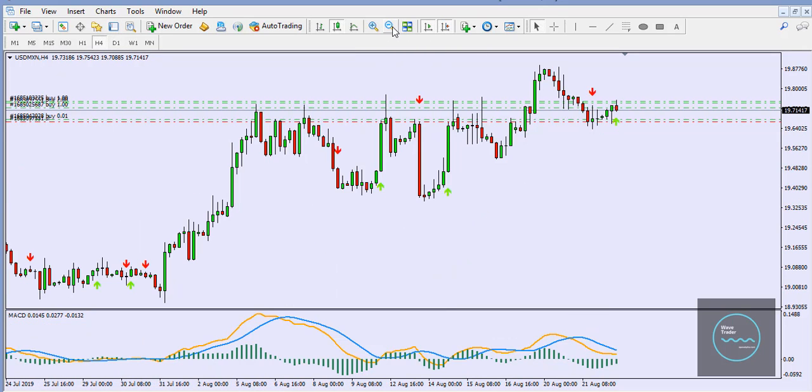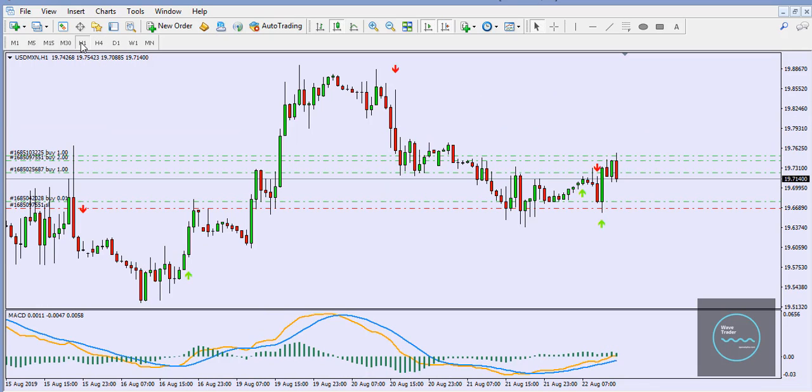On the 4-hour chart, you can see what is going on. The retracement seems to have ended here, and the upward move has begun. So how I entered this trade: yesterday, I was watching the USD/MXN pair for all of yesterday, okay. I watched it from this region all the way to somewhere around here.